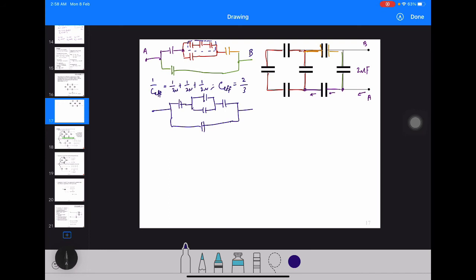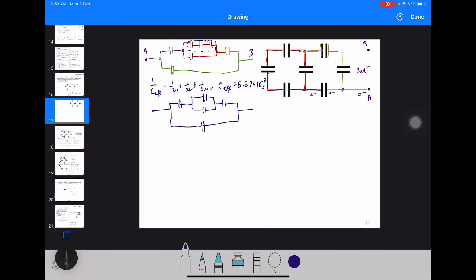Okay, so I suggest you use a calculator instead, because some students might get confused. Okay, take a calculator. 1 over 2 micro. Okay, 2 exponent negative 6, 1 over that one. Okay, so what I get here is 6.67 times 10 negative 7 farad.